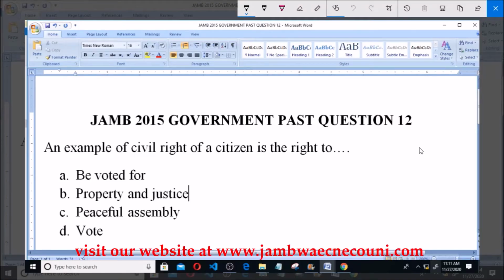2015 government past question. Question number 12 says an example of civil right of a citizen is the right to dash.